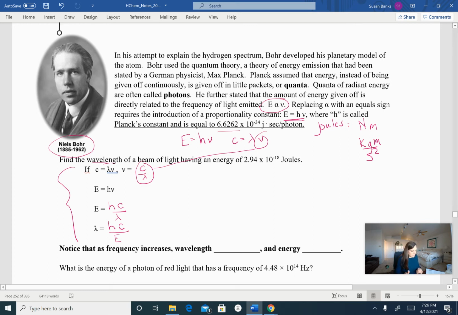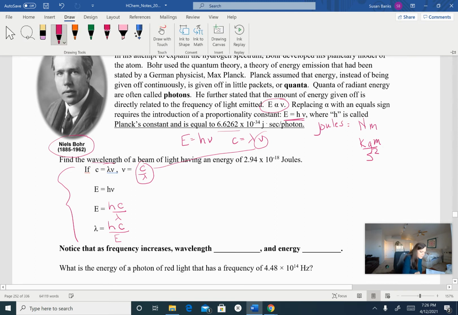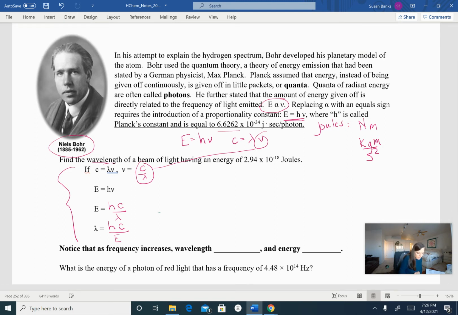Okay, so notice also, let's do a little analogy here. If you've ever been to the ocean and you've been in nice, gentle waves that are far apart, you're standing there in the waves, you don't have a whole lot of difficulty staying standing up.